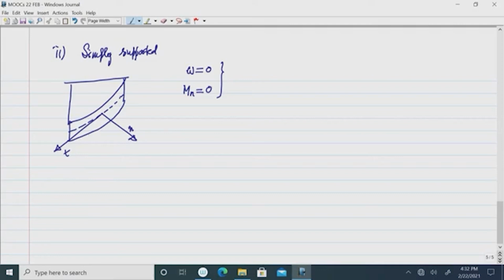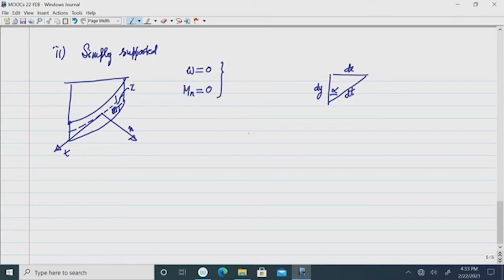Now, consider a small element, say this angle is alpha. This is dx, this is dy, and this slanting side is dt. Now, we have a small element situated at any point on the plate at a distance z from the middle surface.